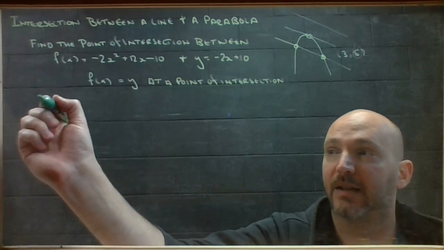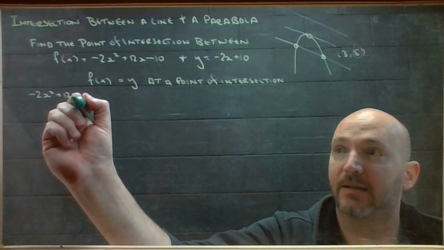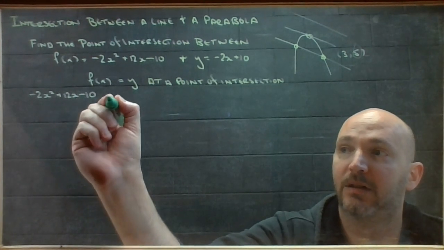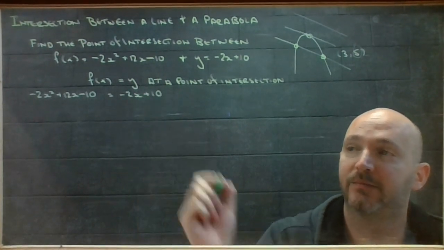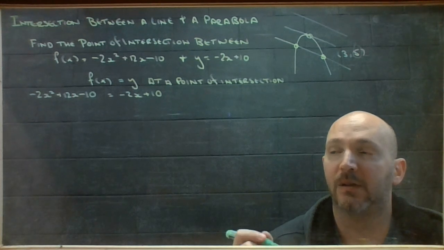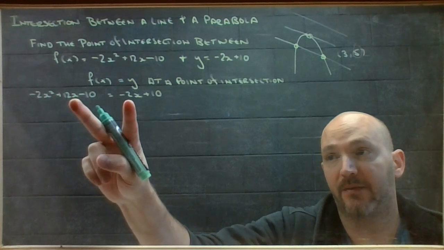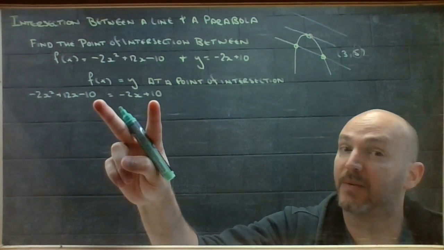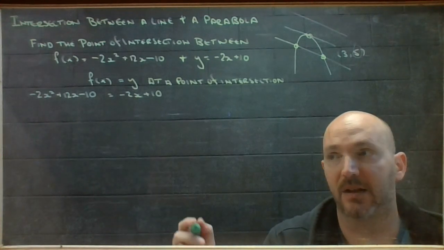So f of x, I have negative 2x squared plus 12x minus 10. And I've got negative 2x plus 10. Now I've got stuff all over the place, but I have numbers with x's attached and I have numbers without x's attached. So I could gather like terms to get those two things together.